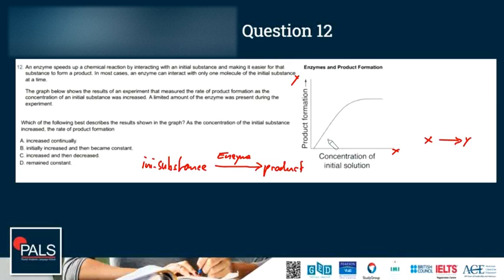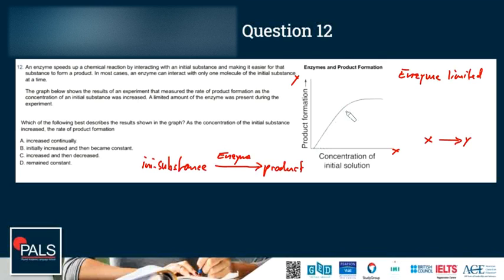So we can see that when we increase, we have a limited amount of enzyme, that's important as well. The amount of enzyme is limited, there's only a certain amount of enzyme present, and now we increase the concentration, the amount per volume of the initial substance.